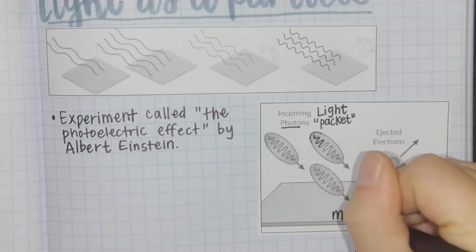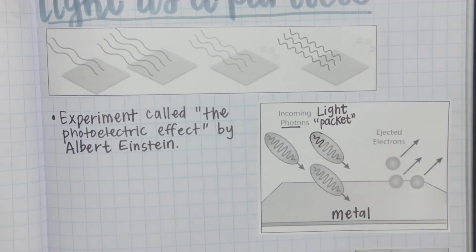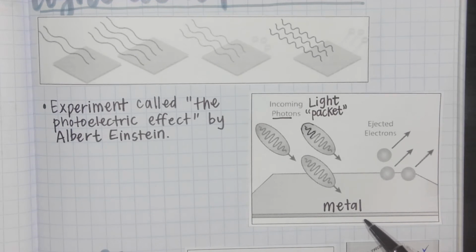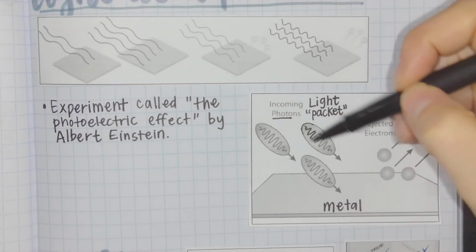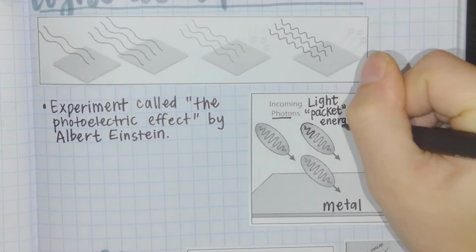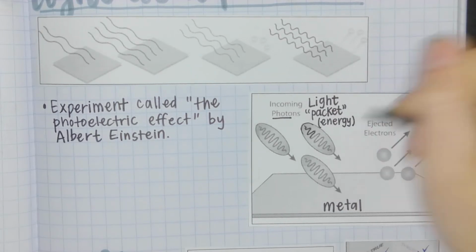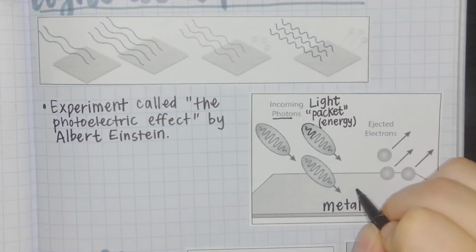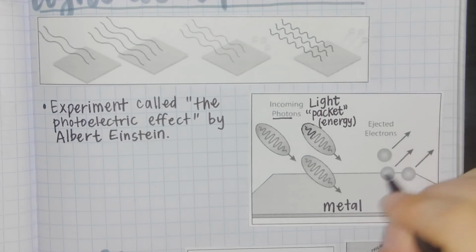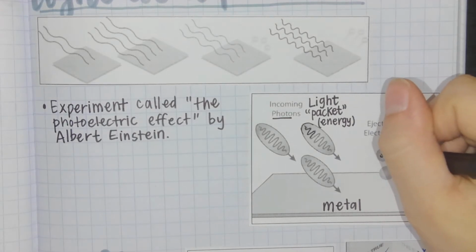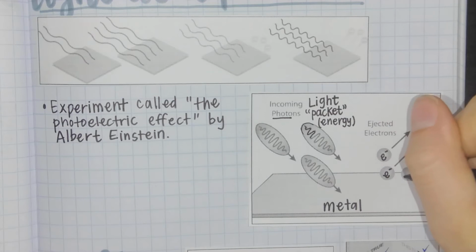And Einstein would have them hit the surface of a metal. Metal surfaces are not very good at holding on to their electrons. So when the light energy, light packet, full of energy, was entering in, hitting the metal, electrons from the metal itself were getting shot off. So I'm going to label these electron, electron, electron.